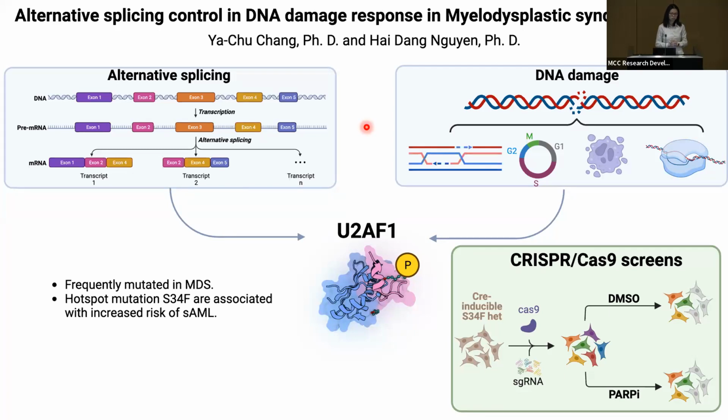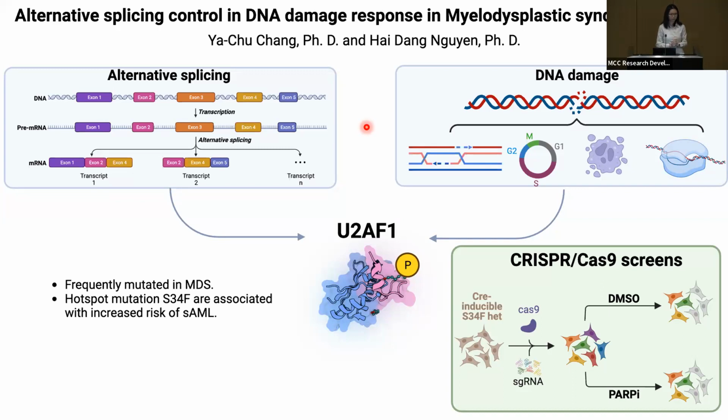Interestingly, it's been shown that U2AF1 is phosphorylated upon DNA damage, suggesting that U2AF1 may be linking the two processes. So we are interested in whether we can utilize this feature to identify novel therapeutics. To do so, we are going to perform a CRISPR-Cas9 genetic screen using a DNA damage focused guide RNA library.